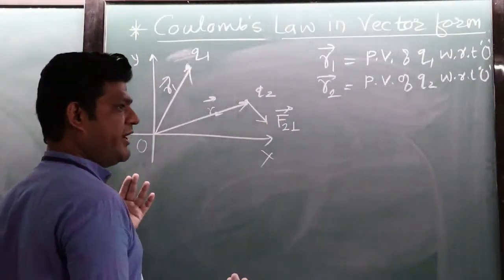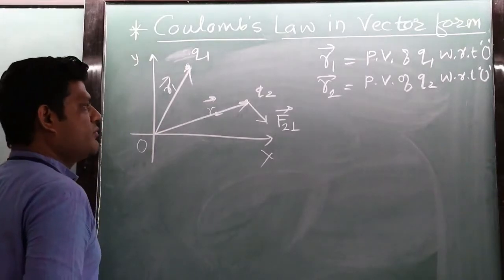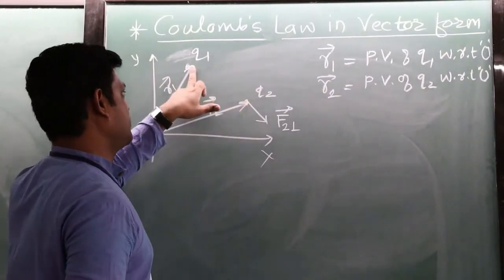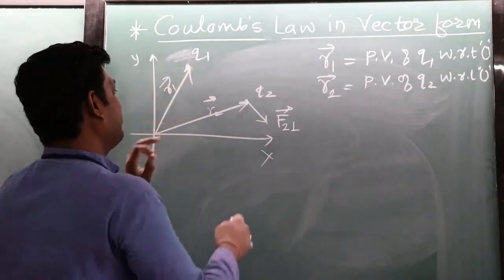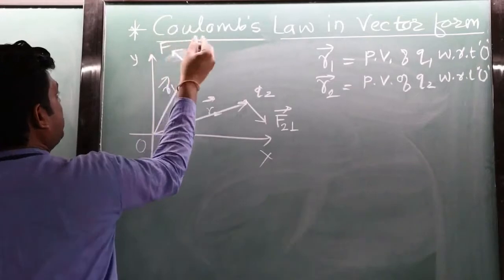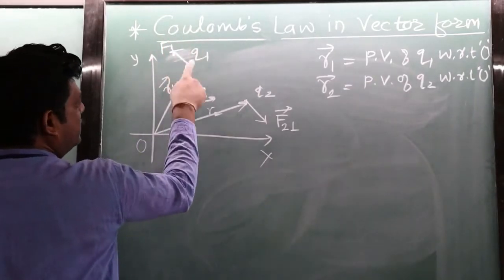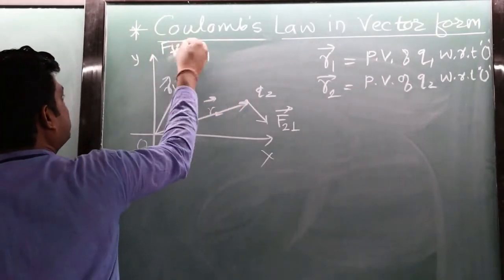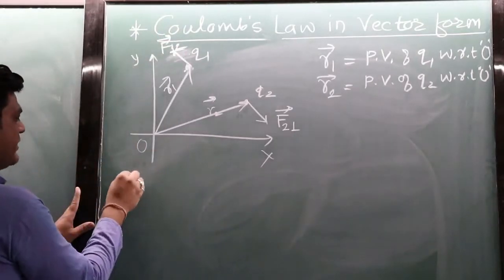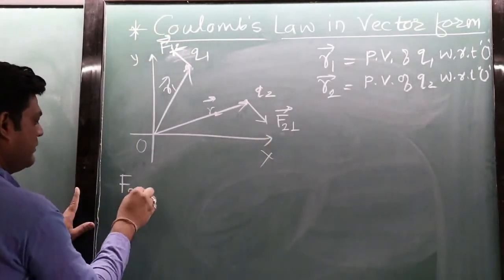Similarly, in the same way we studied before in Coulomb's law, q2 will also exert a force on q1, and that will be directed like this. So this is the force acting on 1 due to 2. So we will write over here, see, what is F21?